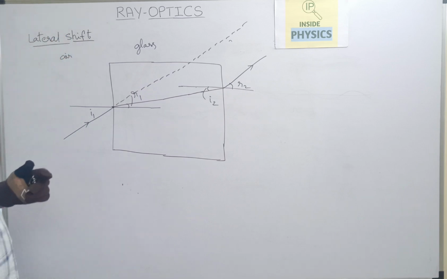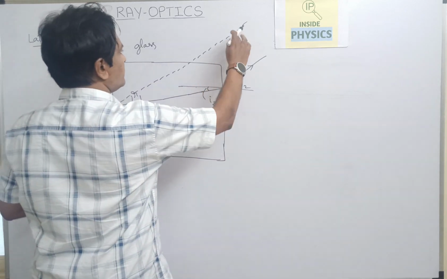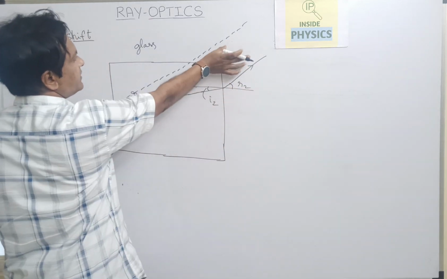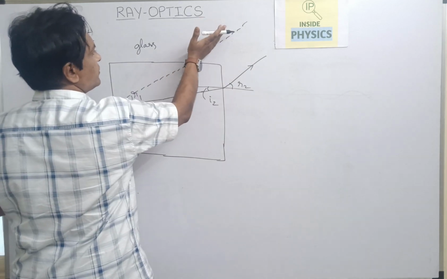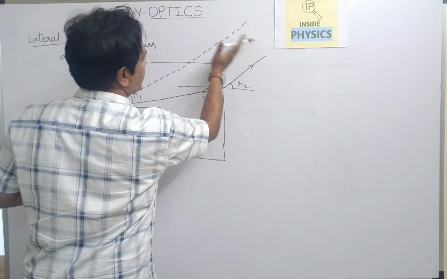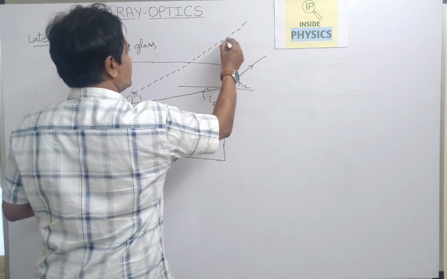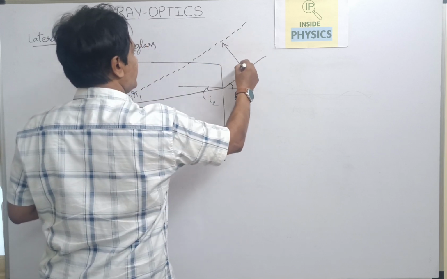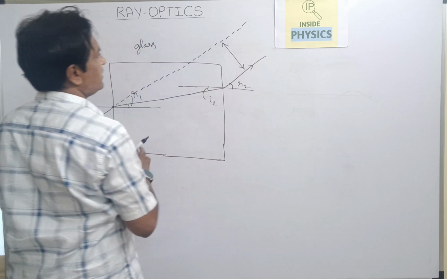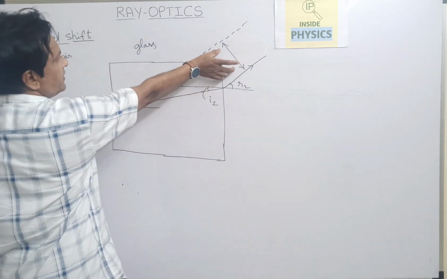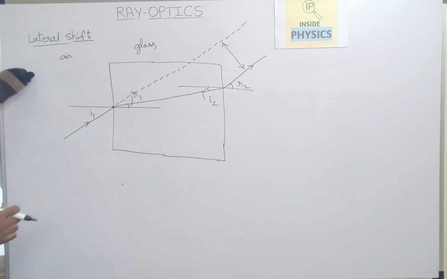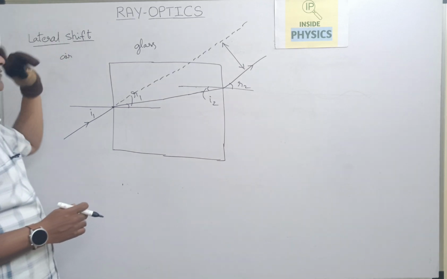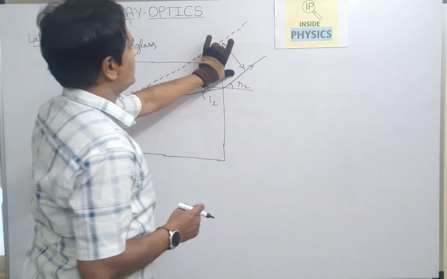So if you observe this, these two rays are parallel, and there is a shift of the light from this rectilinear path to the other side. So this is a shift. The light is shifted in this direction, and the distance between them is called the lateral shift. So this is the lateral shift.